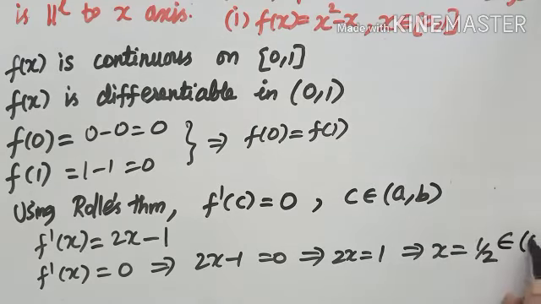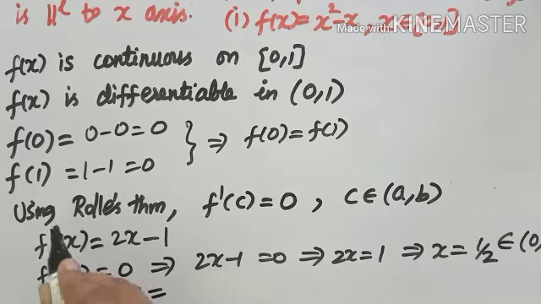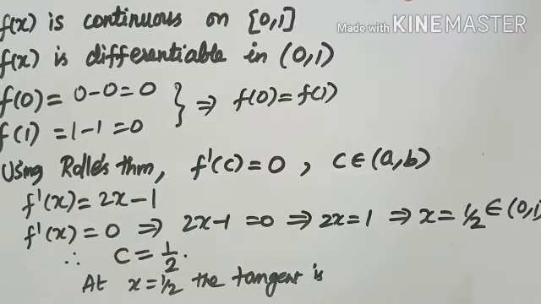So 1 by 2 belongs to the given interval 0, 1. Therefore, the c value, as in Rolle's theorem, I call 1 by 2. My question is find that x. So at x equal to 1 by 2, the tangent is parallel to x-axis. And that is the answer.